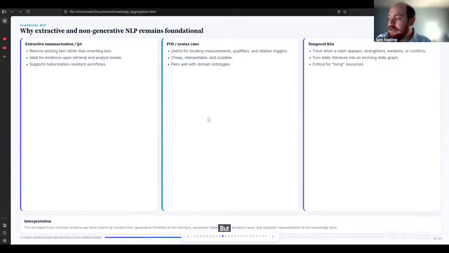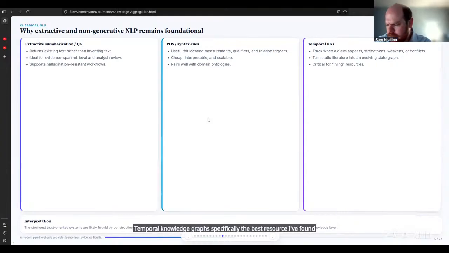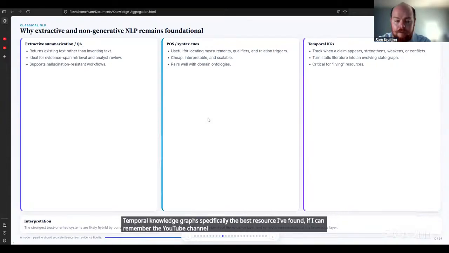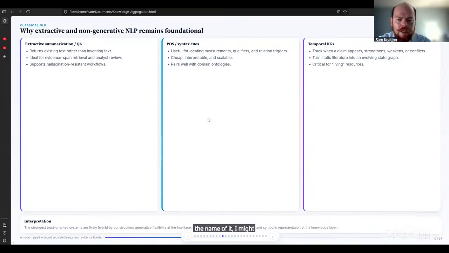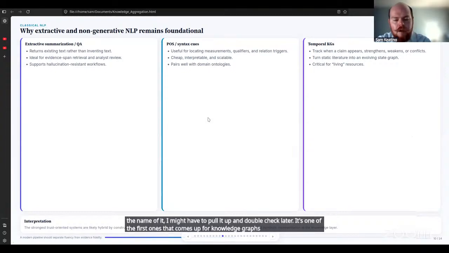But essentially, temporal knowledge graphs specifically, the best resource I've found, if I can remember the name of the YouTube channel, I might have to pull it up and double check later. It's one of the first ones that comes up for knowledge graphs. I find it to be the most insightful for temporal and overall for knowledge graphs.